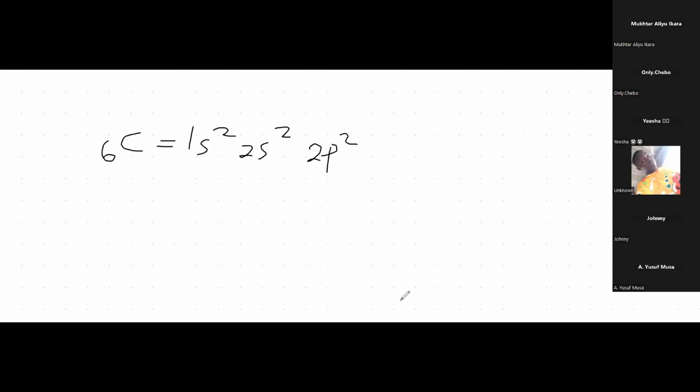Then now, this is on the ground state. So in the excited state, one electron from this 2s will be transferred to p here. So therefore, at the end, we are going to have 1s2, 2s1, and then 2p3.